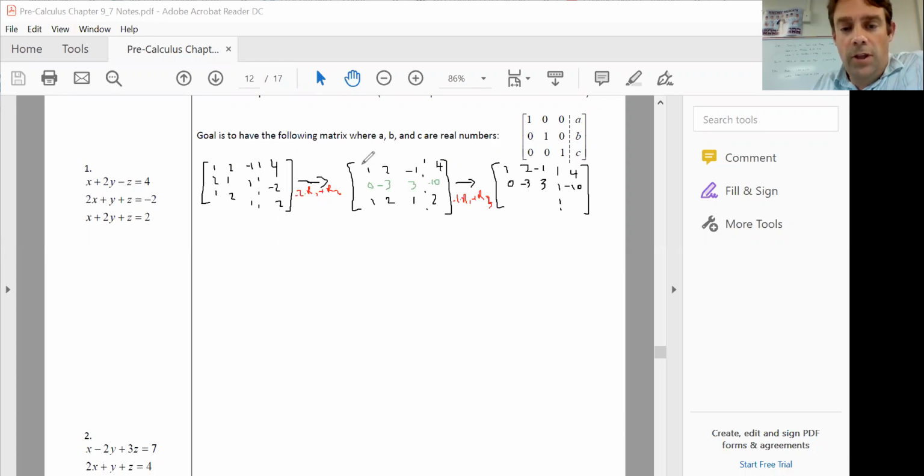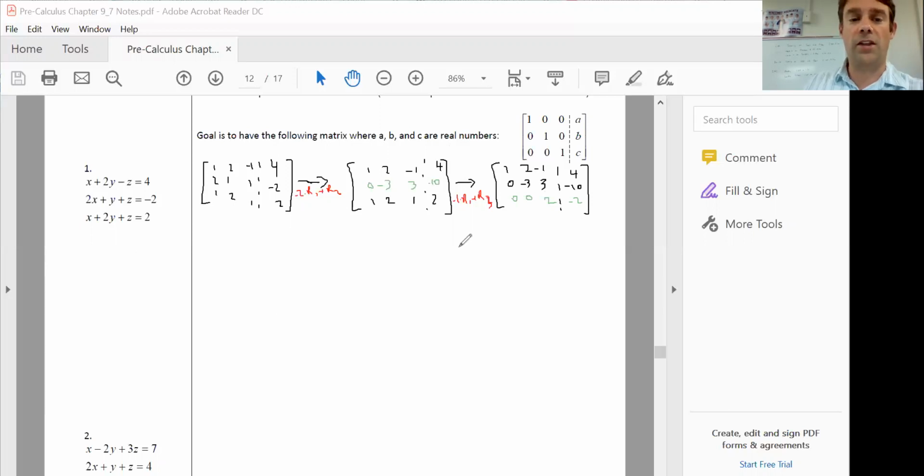And now when I do the -1s here, I'm going to end up with 0. I'm going to end up with another 0. That's kind of cool. And then I'm going to end up with 2 and a -2. Okay, so I'm done with the first column.